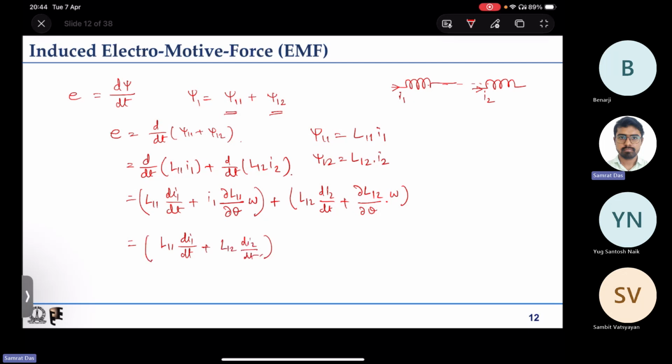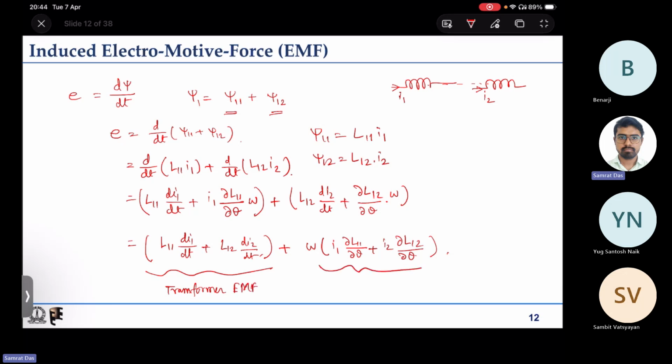The first term does not depend on speed, but the second term actually depends on speed, right? So this is known as transformer EMF, and this is known as motional EMF.